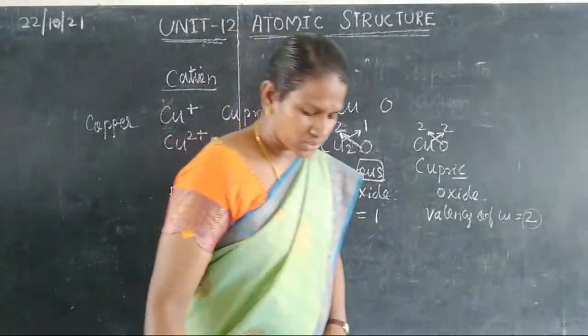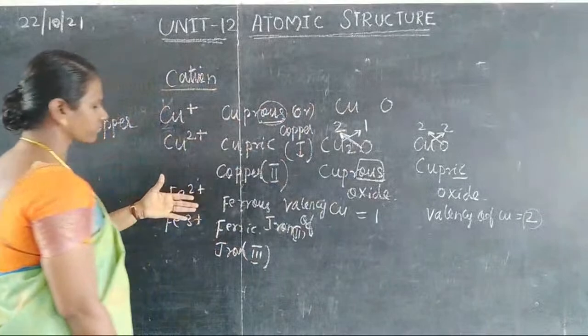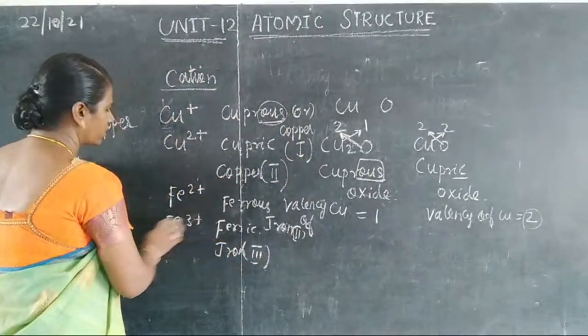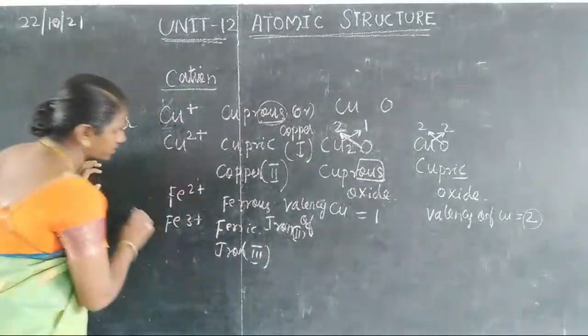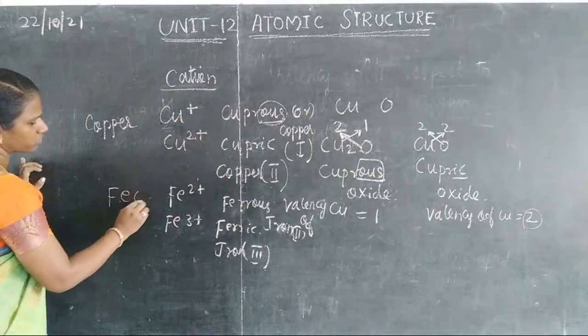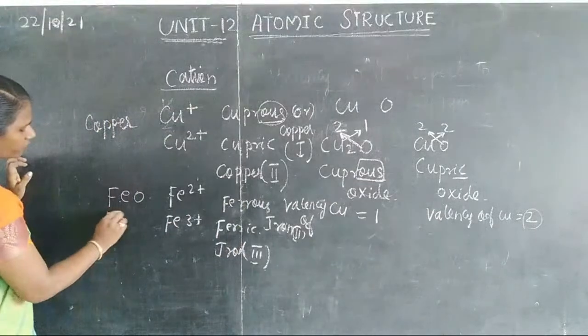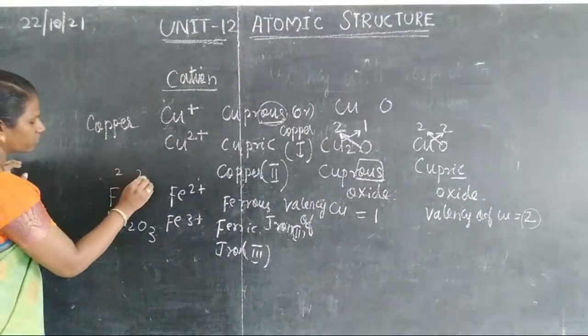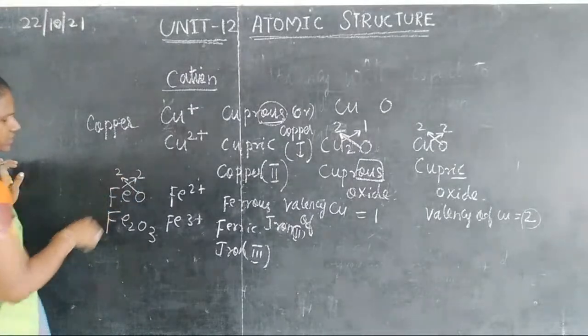So ferrous means FeO, for example. And what about ferric? It is Fe2O3. So here both have the valency of 2.